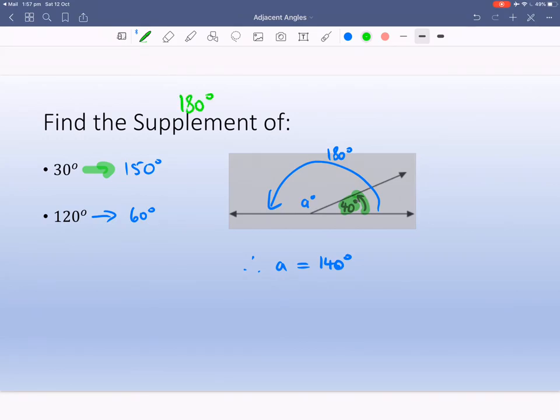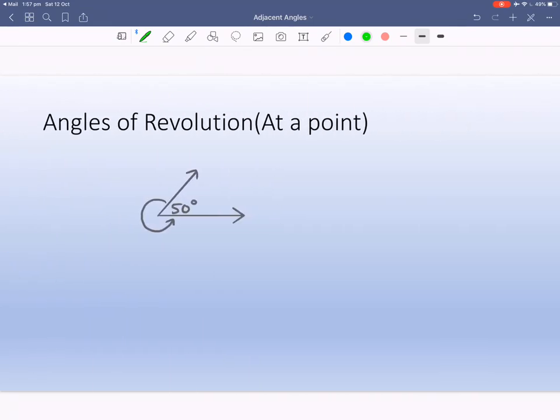180 degrees. There's one more type of adjacent or next to angles that we've got to look at, and that is angles of revolution or angles at a point. These ones are a whole turn, so it's a whole turn around the sun, and it's 360 degrees. So what's this angle here?